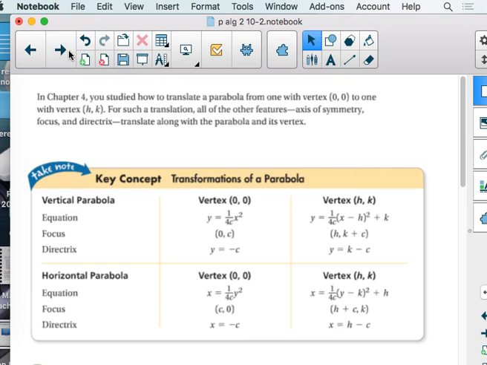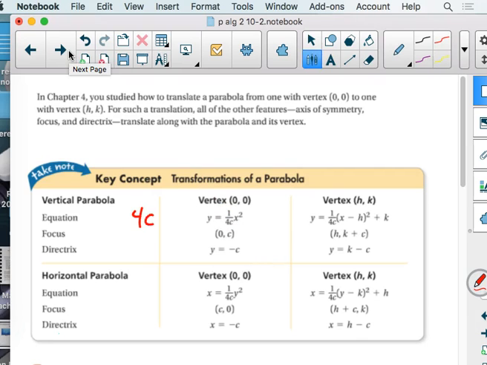Now, that's not what we're going to see in this box, because again, this book really likes using this, which, if we were to multiply both sides by 4c, they're really just replacing the p with the c value.